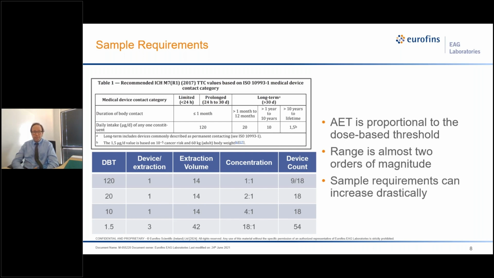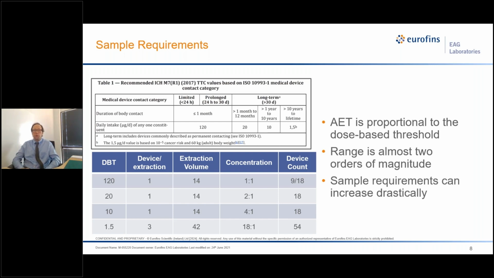So as you can see from the slide, being accurate on the device usage, the patient exposure in terms of the number of devices a patient can be exposed to, and that duration, that's all very important information to make sure that the sample requirements are accurate. We understand that devices can be very expensive.